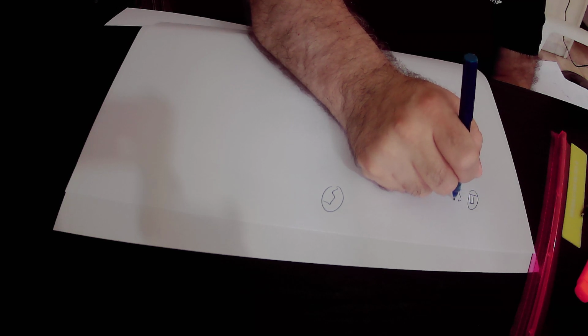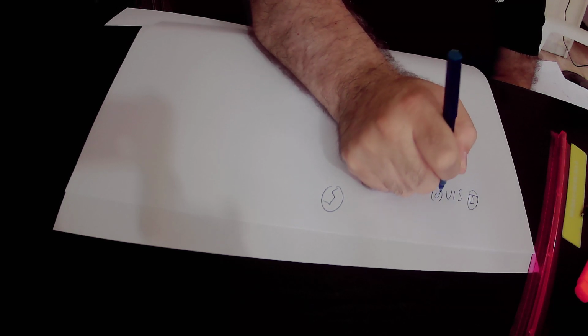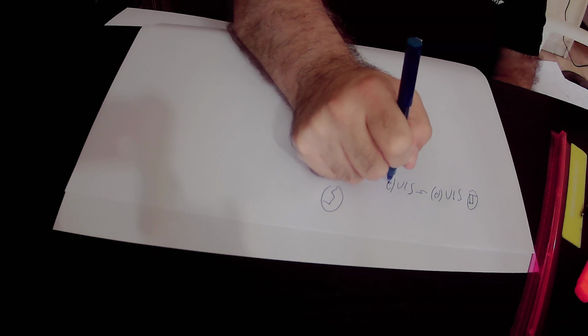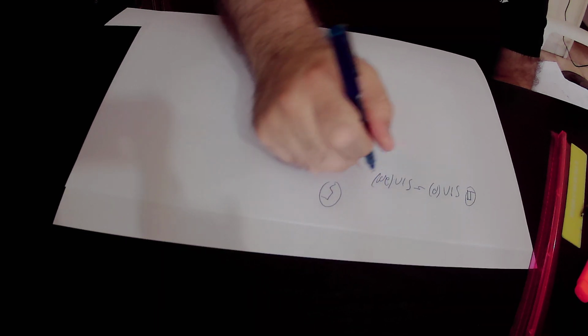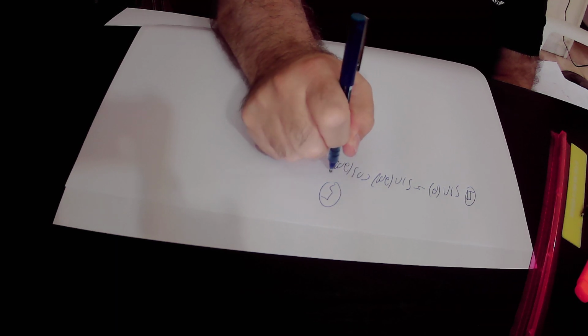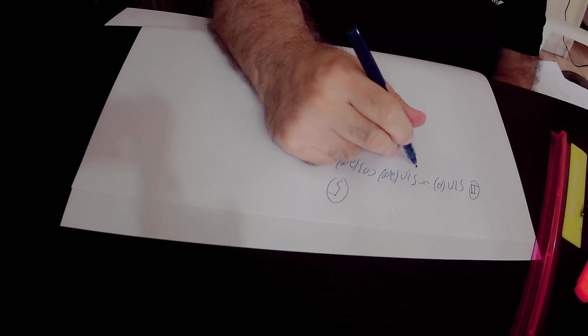Sine theta equals sine 20 degrees times cosine 20 degrees over sine 70 degrees.